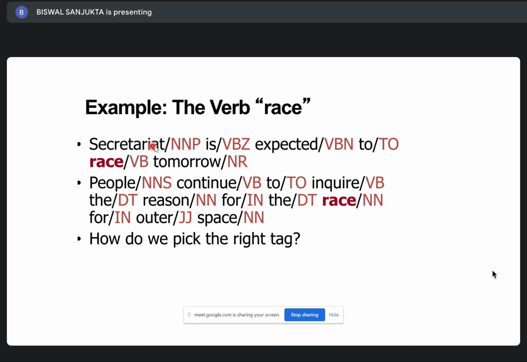Whereas for all these other words, for this particular lexicon, there is no ambiguity. Secretariat, we know it is a noun, "is" is a verb, "expected" is a verb, "to" is a determiner.